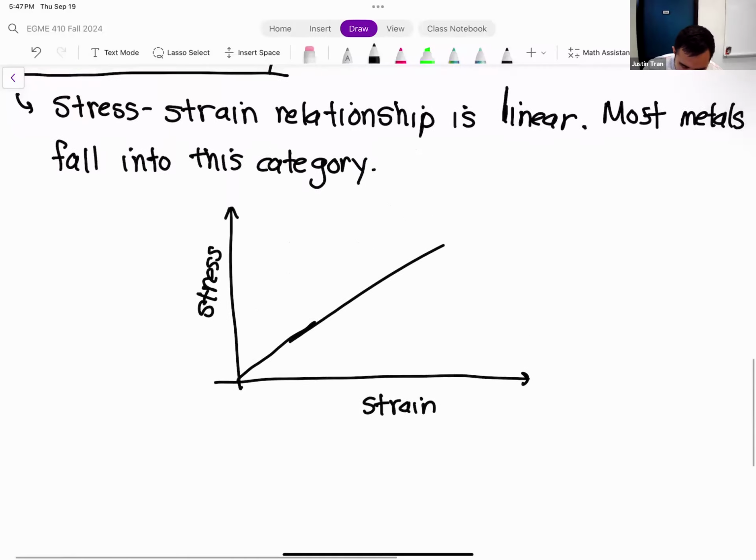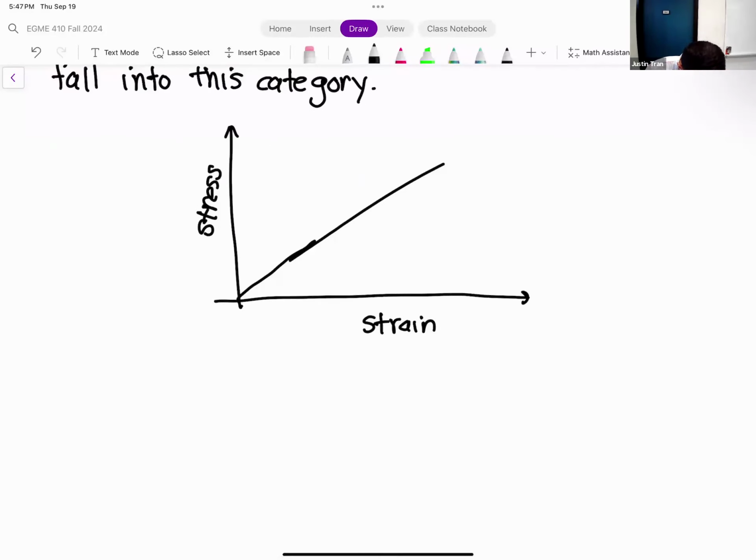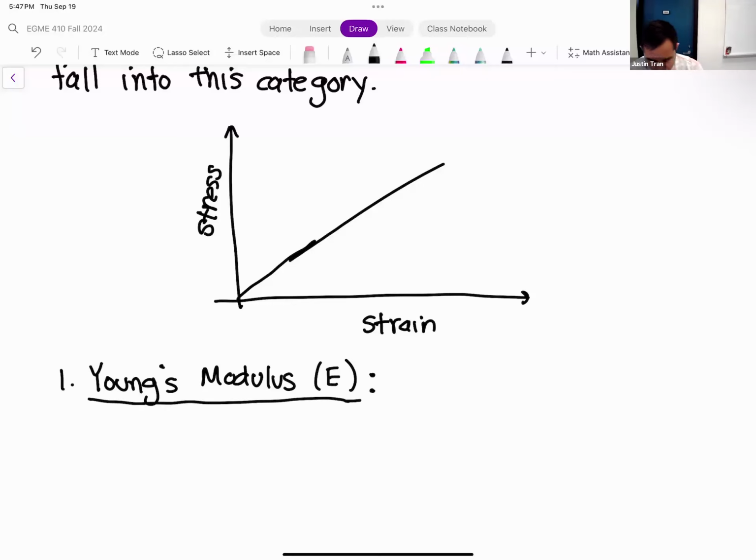Okay, so what are the parameters for linear elasticity? The first parameter, probably the one that everyone thinks of when they think of linear elasticity, is the Young's modulus, otherwise known as the elastic modulus. Young's modulus, we give that the symbol E. Young's modulus is the slope of the stress strain curve.